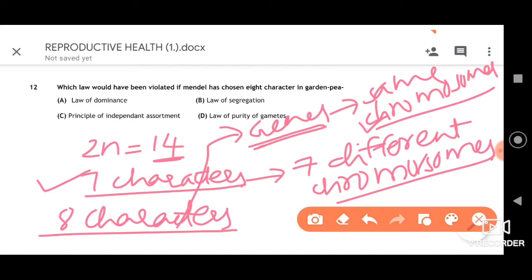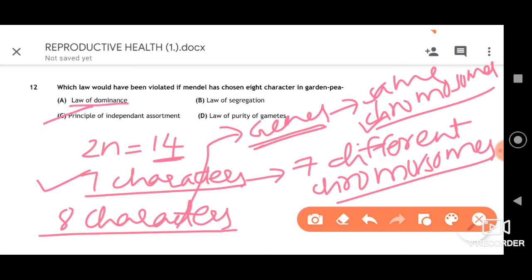For the same reason, even the law of independent assortment would have been violated. That's why he did not choose 8 characters in garden pea, dear friends. So the right answer for this question is principle of independent assortment.